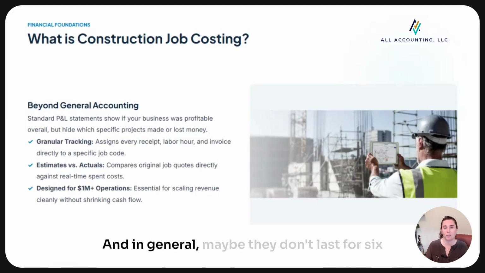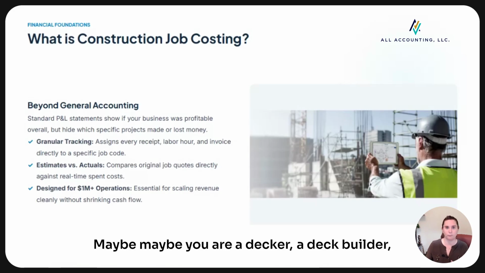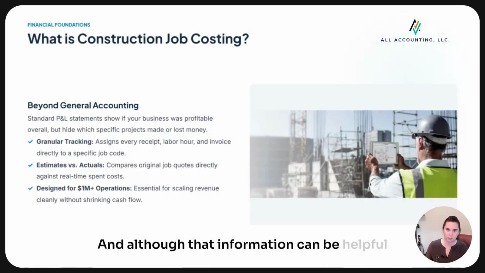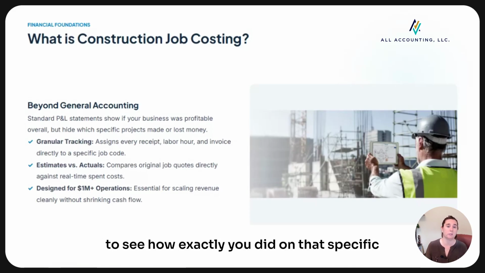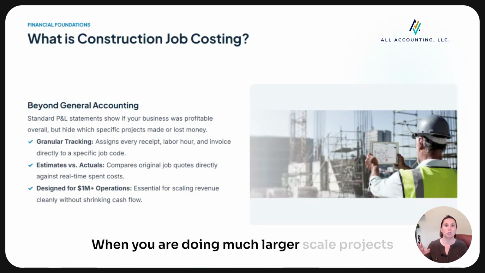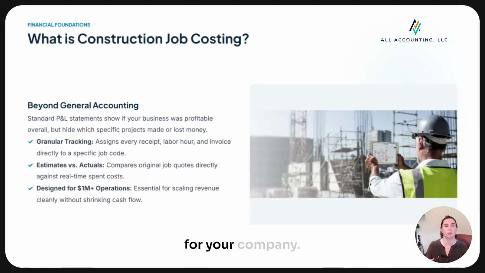In general, maybe they don't last 6 months to a year. Maybe you are a deck builder, and you do jobs pretty quickly on a weekend, or it takes 2 weeks. Although that information can be helpful to see how exactly you did on that specific job, it's not as relevant and needed as when you are doing much larger scale projects.